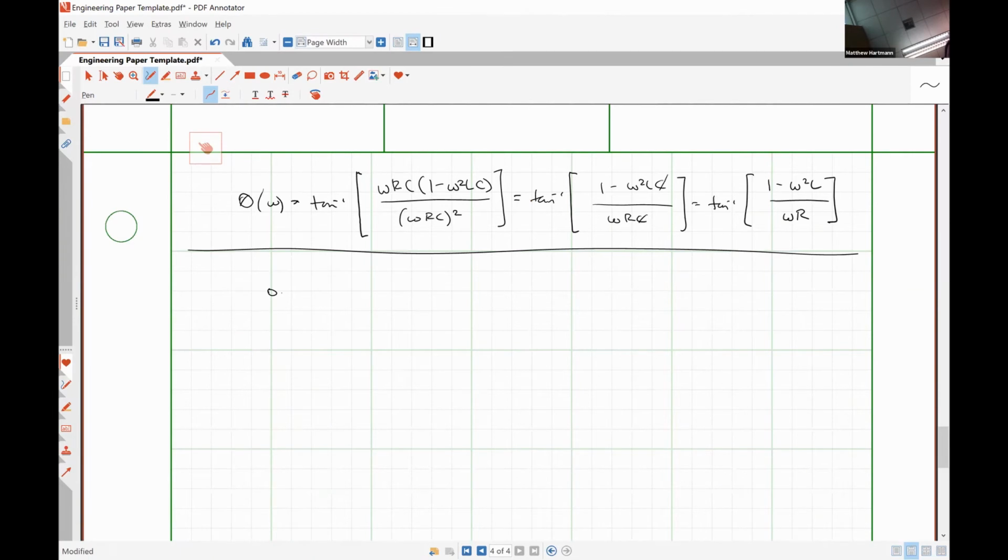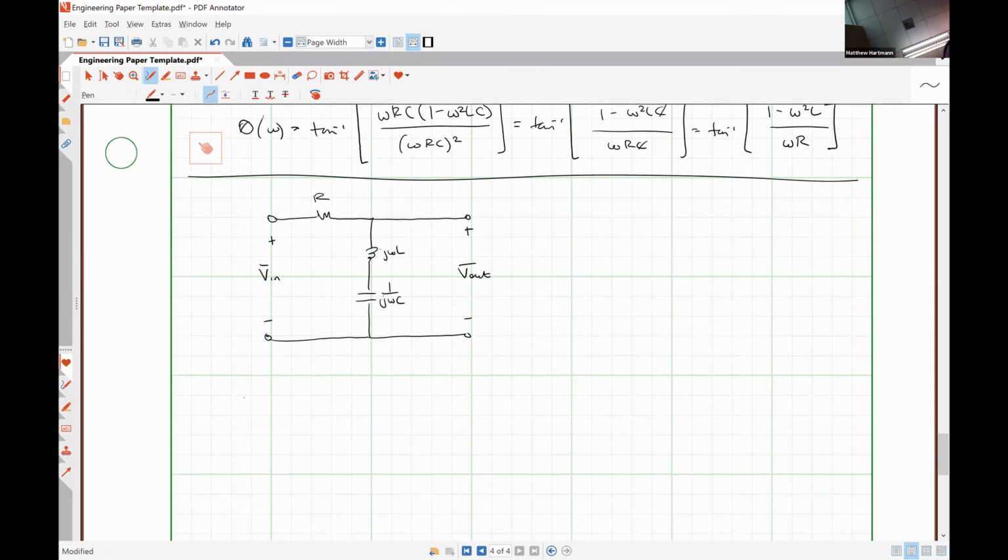On this one, we're taking our output voltage over two components: our inductor, which has an impedance of j omega L, and our capacitor, which has an impedance of 1 over j omega C. So our transfer function here should be R plus j omega L plus 1 over j omega C in our denominator, and j omega L plus 1 over j omega C in our numerator.